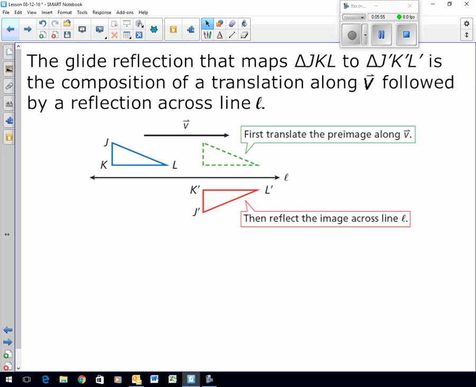You could order them separately, or you could order a number 1 and get it all in one. So think of a glide reflection like a value meal. You get 2 in 1. Does that make sense? Glide reflection means you're going to translate and reflect.